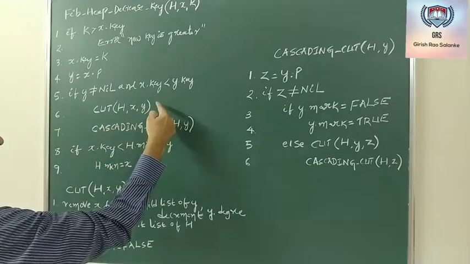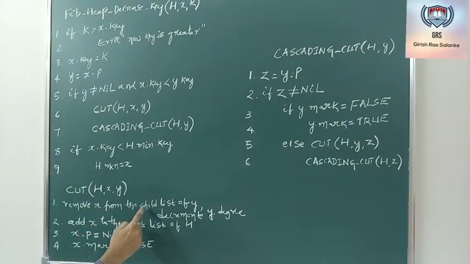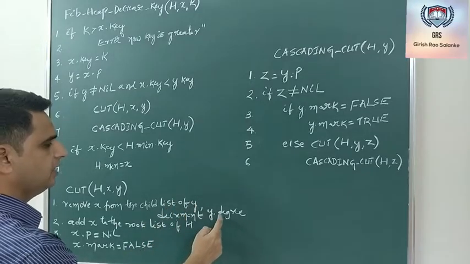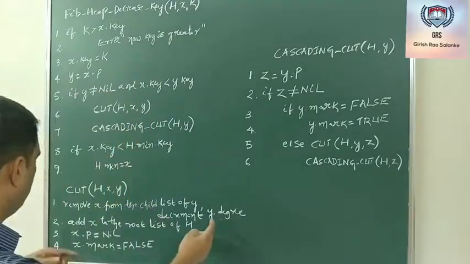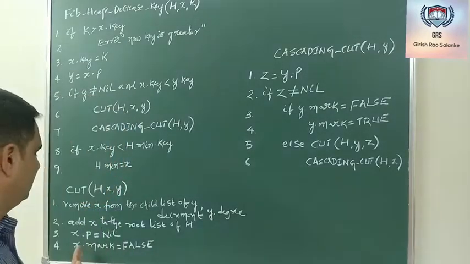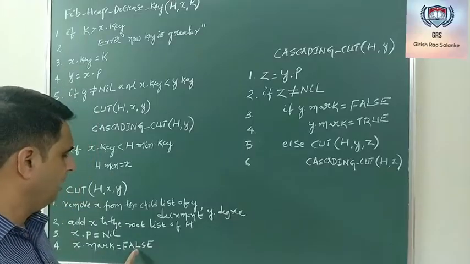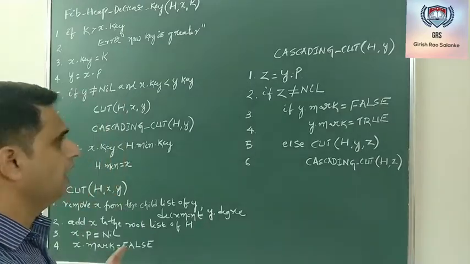Now in this cut, which is a separate algorithm, what we do is remove x from the child list of y and decrement the degree of y, because the number of children of y is reduced by 1 now, and then add x to the root list of h. I add x to the root list of h and I make the parent of x nil and I mark x as false. If in case x is marked, then I am unmarking it, because I know that in case of the root list it should be unmarked.